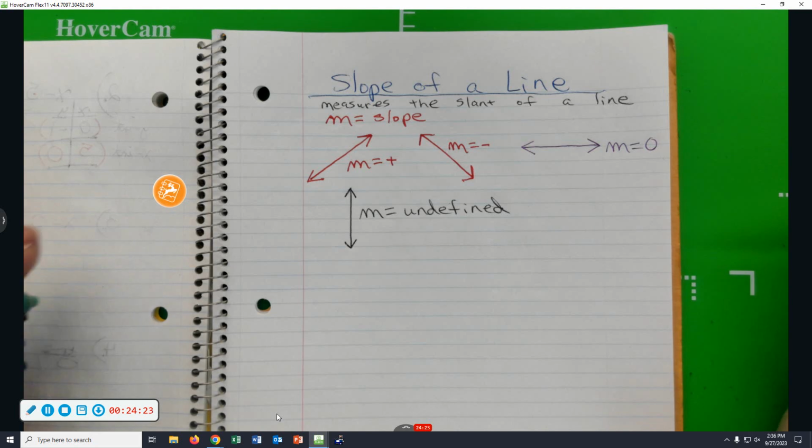But for the time being, a general definition or a general explanation.